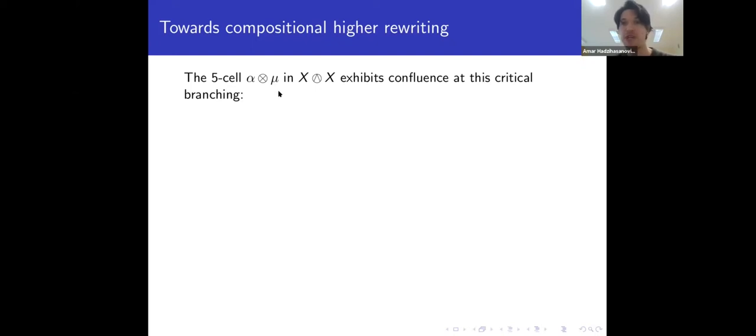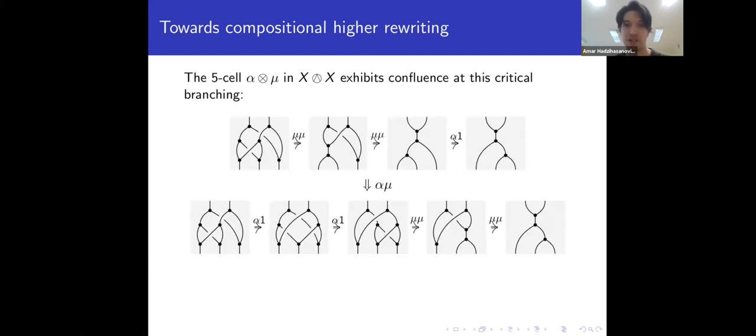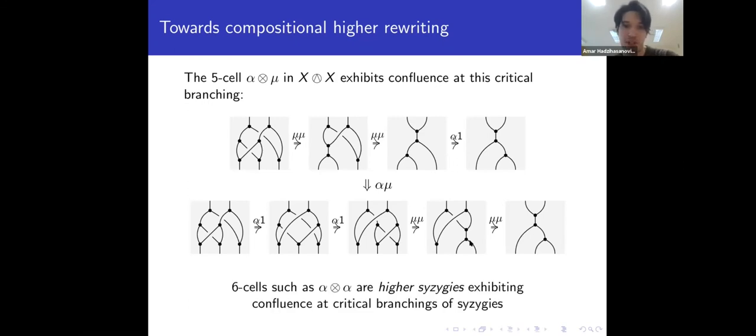And this is going to be a kind of coherence cell that exhibits confluence at this critical branching. Like this, this is going to be its input and this is going to be its output. In addition, we're also going to have some higher-dimensional cells, which we can see as higher-dimensional oriented syzygies that exhibit confluence to critical branchings of syzygies.